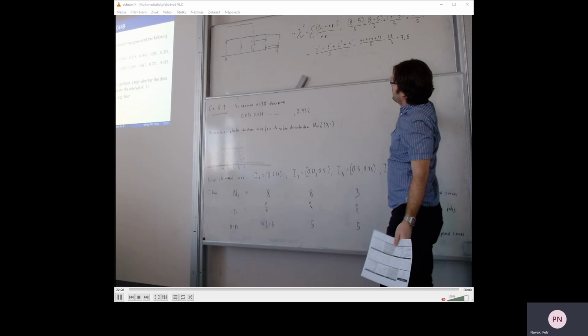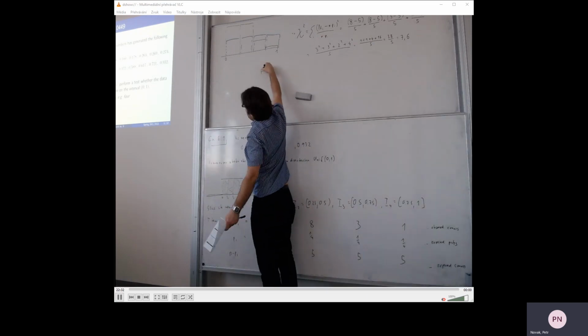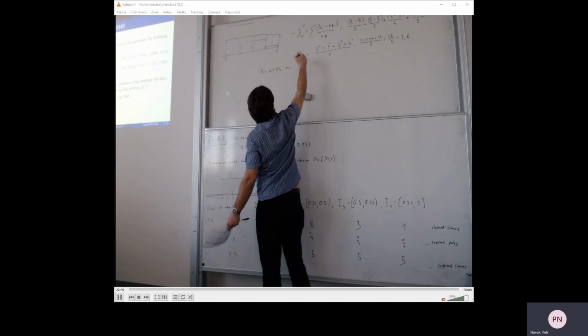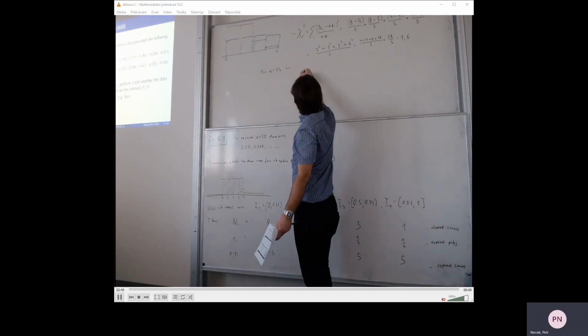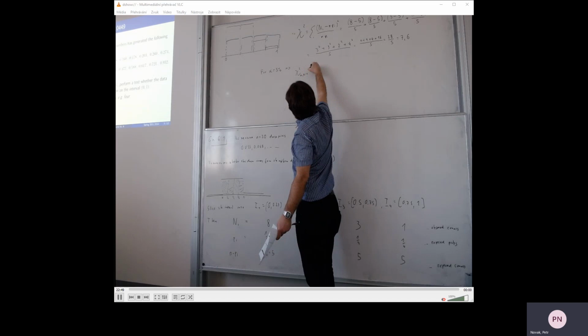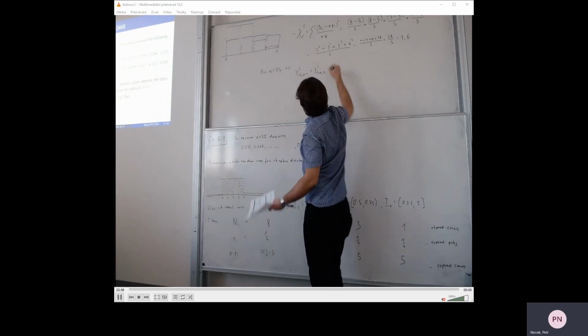And for level of significance alpha being 5%, we have the critical value chi-square alpha with k minus 1 degrees of freedom, being chi-square 0.05 on 3 degrees of freedom.